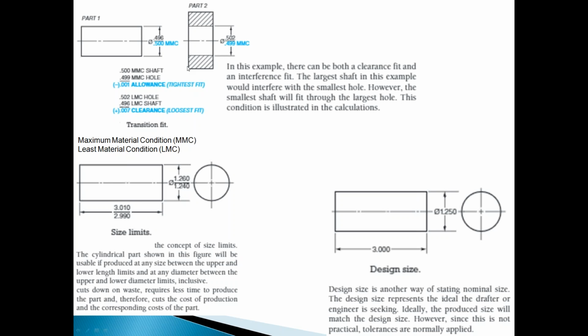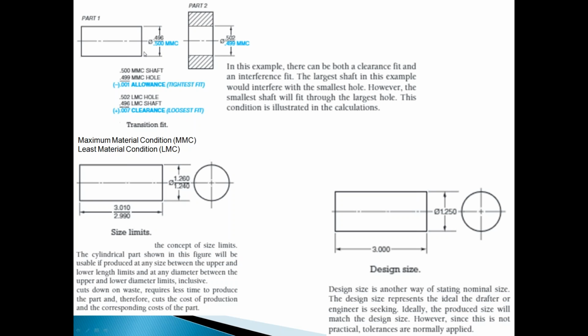You can see the tightest you can fit is 0.01. If the difference is greater than this, let's say 0.002, this may not fit in, because the tightest fit only allows you to have 0.01.